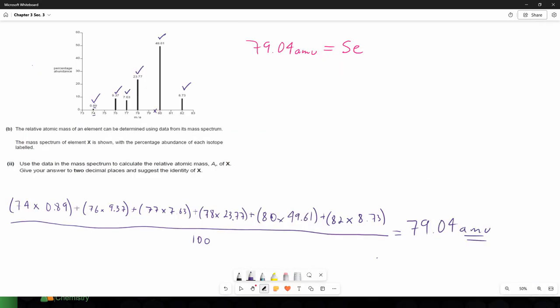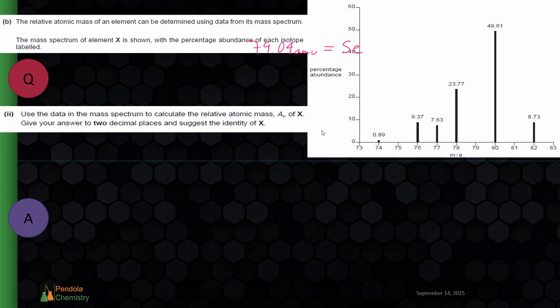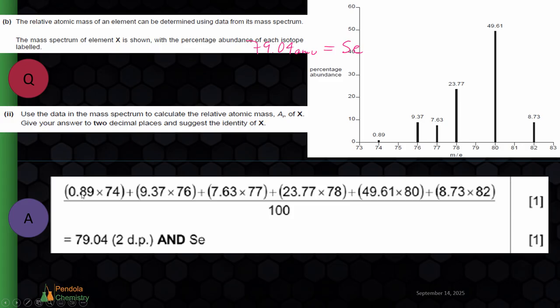Let's go back to the PowerPoint, to the question itself, and we can see that the math that we did was right. The answer was 79.04 to 2 decimal places, and the nearest element to that would be selenium. So you get 1 point for the correct numerical answer and getting the element right, and 1 point for your work.